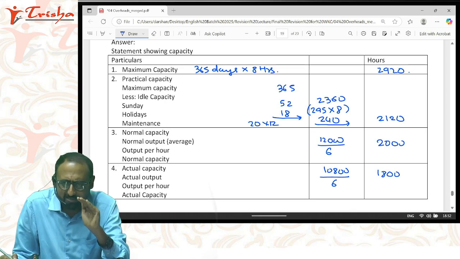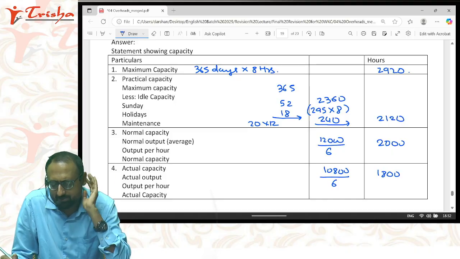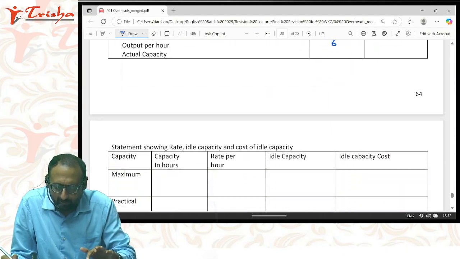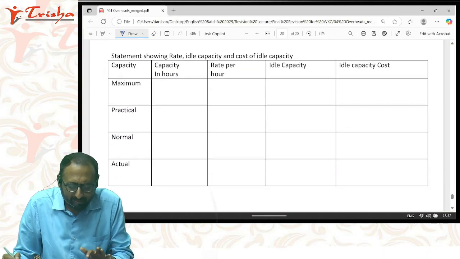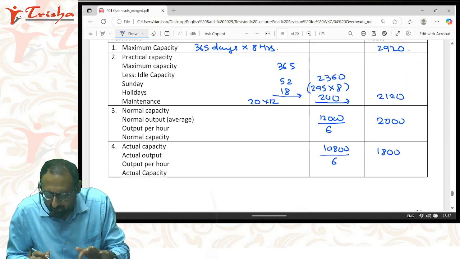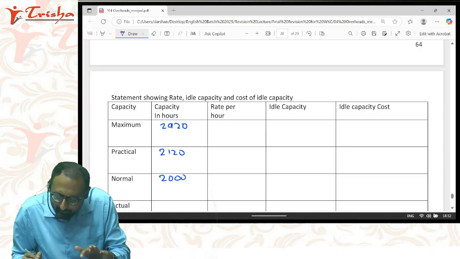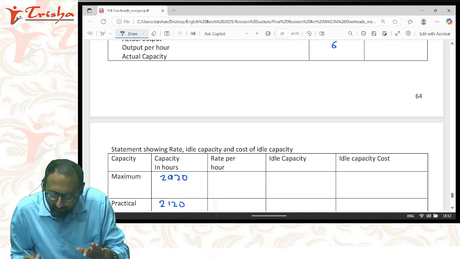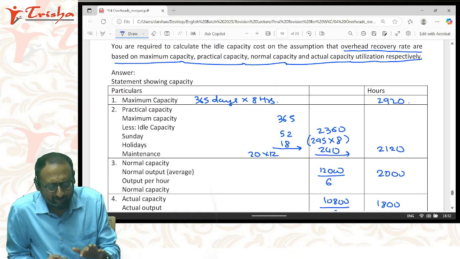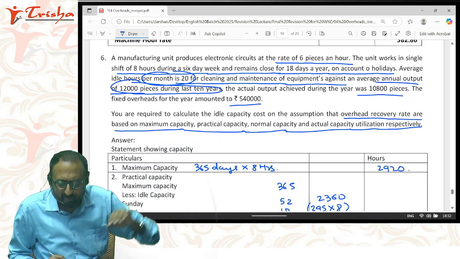So you have got maximum capacity, practical capacity, normal capacity and actual capacity. Now you'll have to calculate rate. How much is the maximum capacity? 2920. Practical capacity, 2120. Normal capacity, 2000. And actual capacity is 1800. Now calculate the rate per hour. Check in the question how much are the overhead given. 5,40,000 is your total overhead.